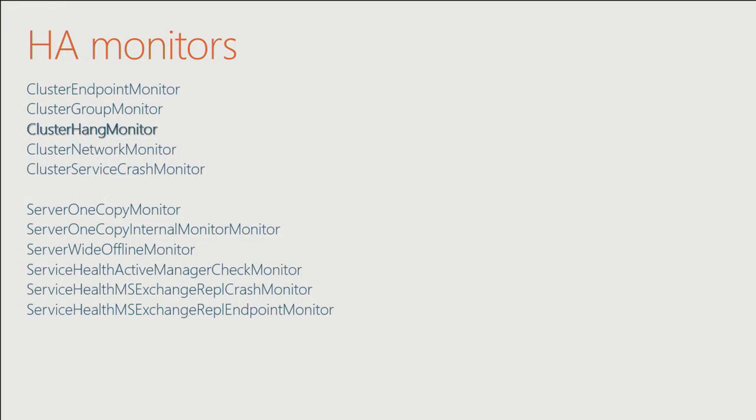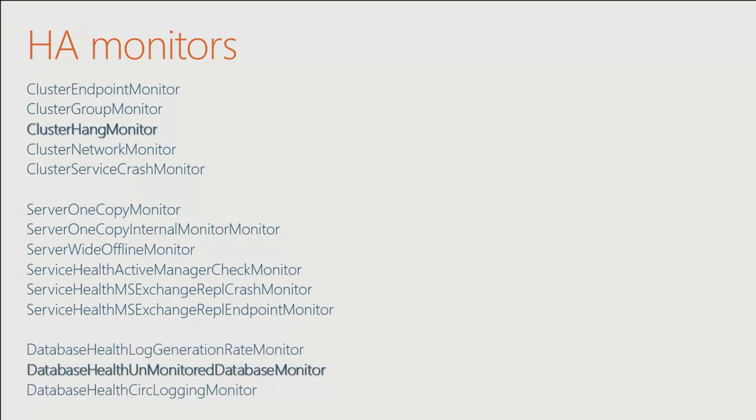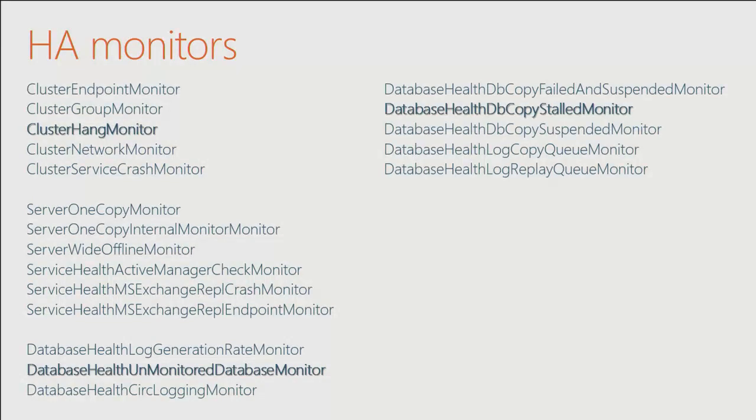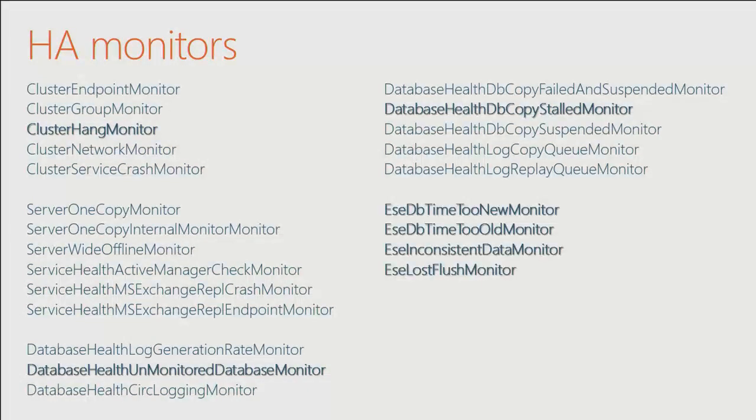This is the set of monitors that look at the server health. Next is the database level, and database copy level. This set is for database corruption. And the last couple of monitors are for storage health.